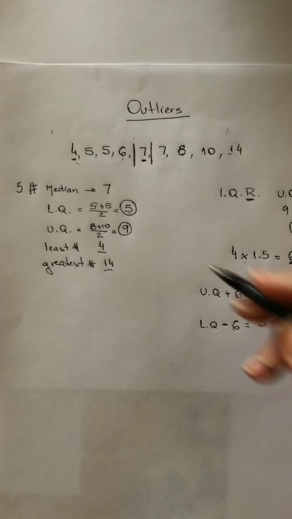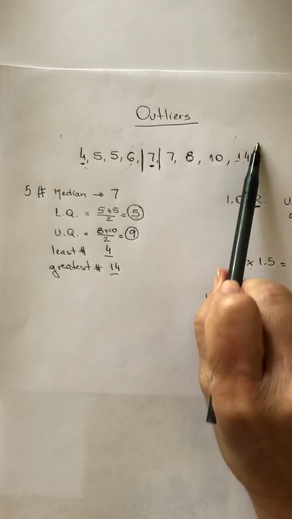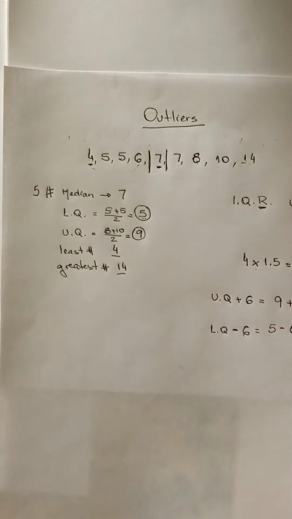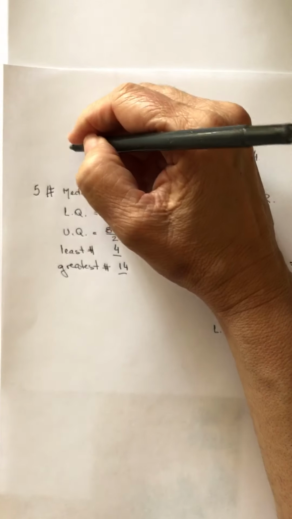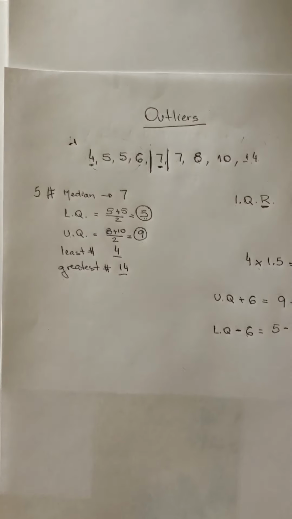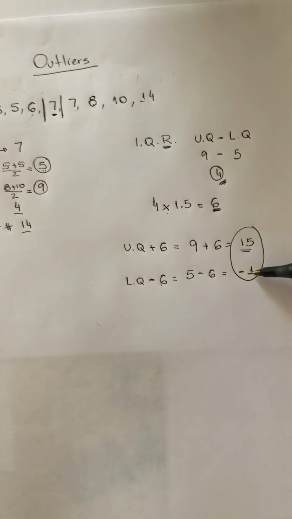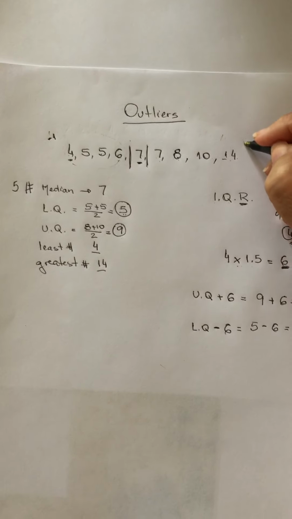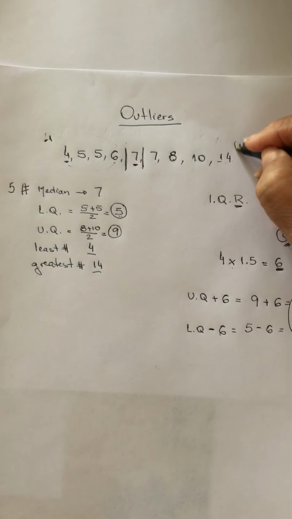What do I do with these two numbers that I just found? I go back to my previous information, to my data right here, and I write them over here. So this -1 is my lowest boundary, and 15 is my highest boundary.